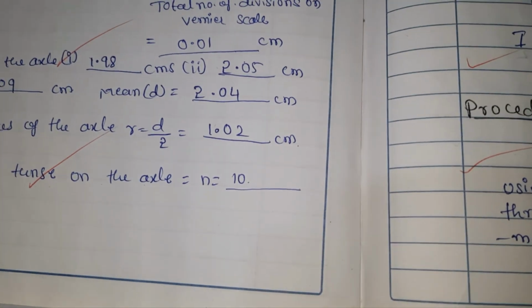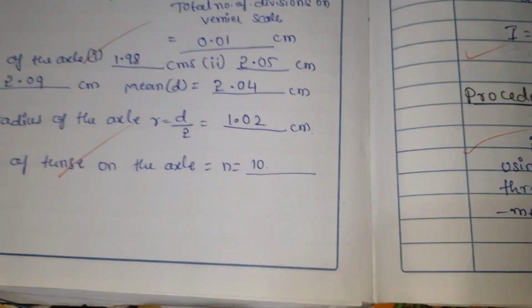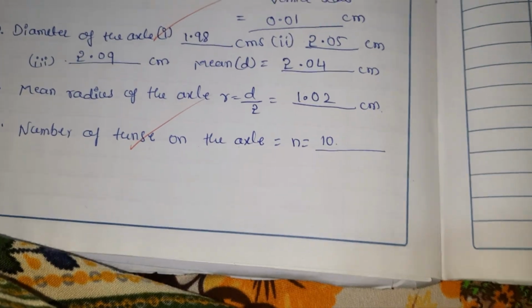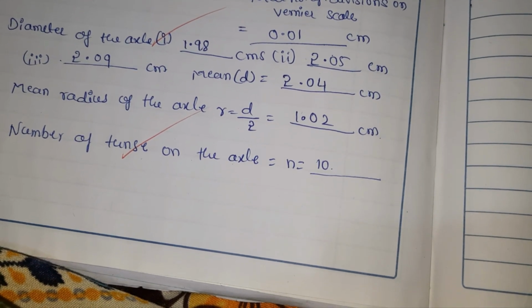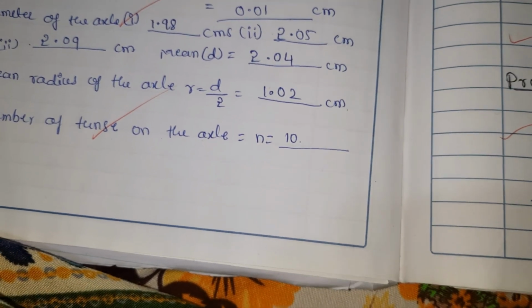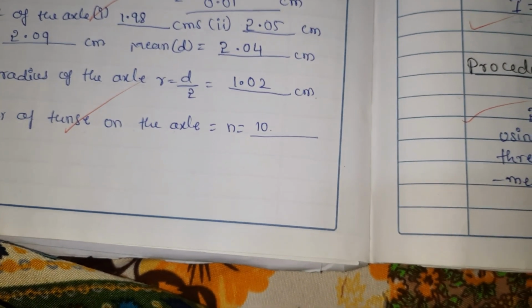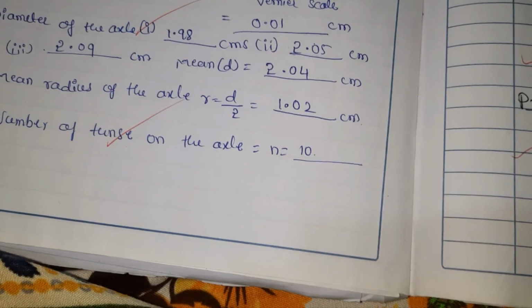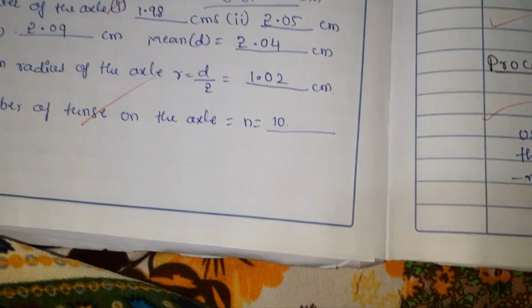You will get the mean value, that is the diameter of the axle. Then the mean radius of the axle is given by diameter divided by 2, 1.02, that is the radius of the given flywheel axle. So the number of turns on the axle is going to be 10.